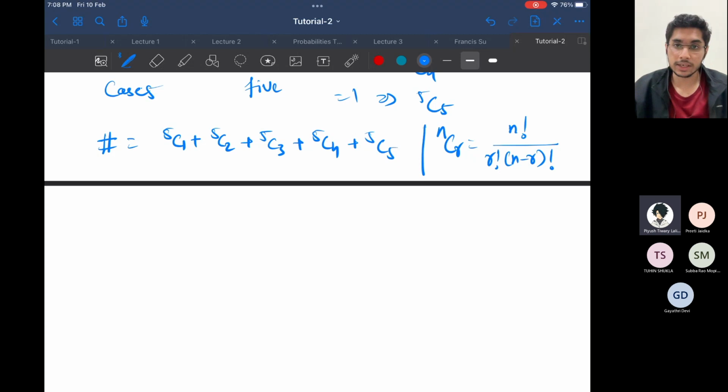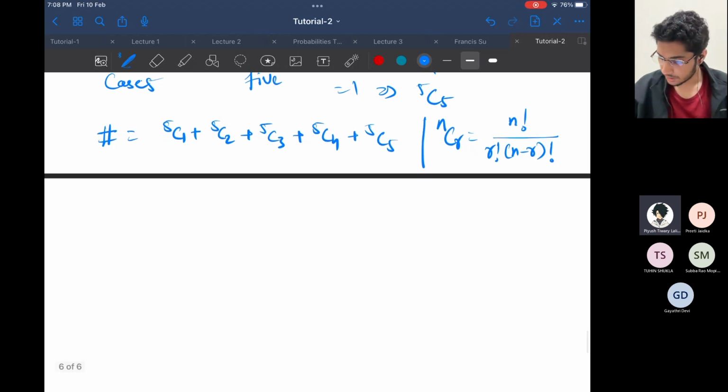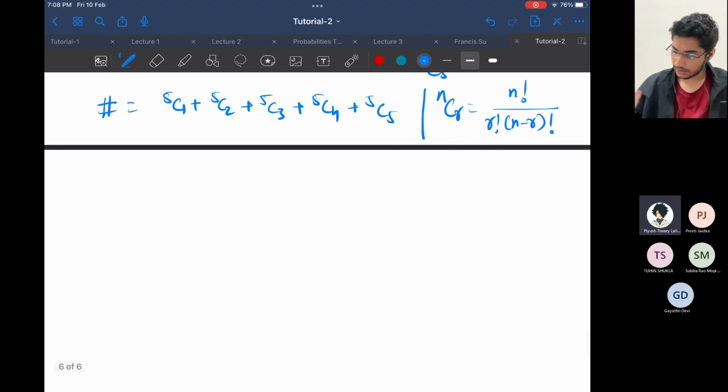This is the standard combinatorics. If you don't remember, maybe brush it up, because it is like ABCD for people who do CS in general. You should not forget these things.